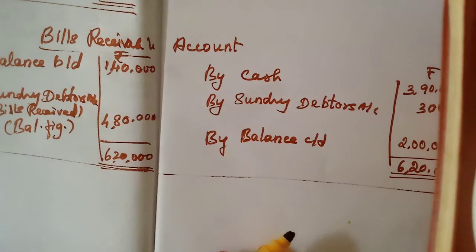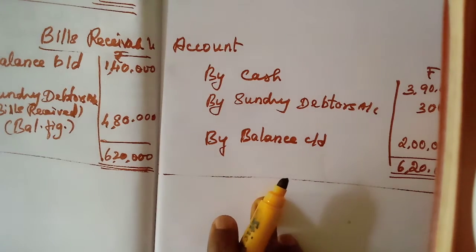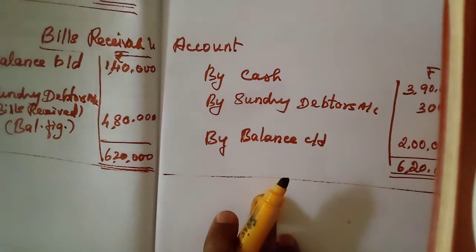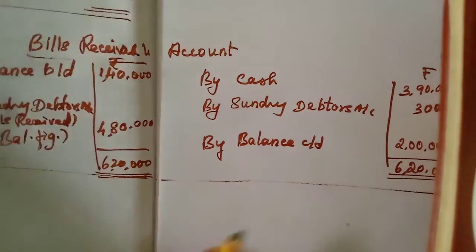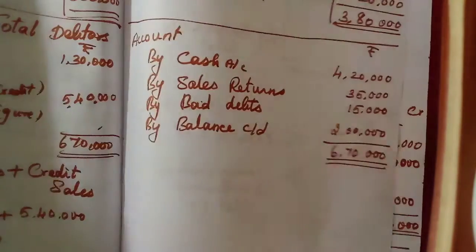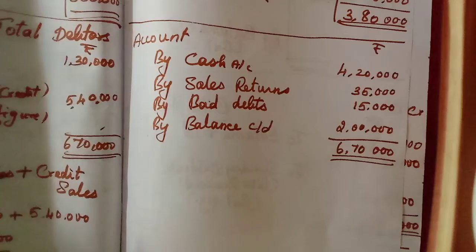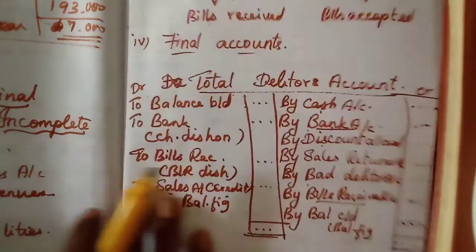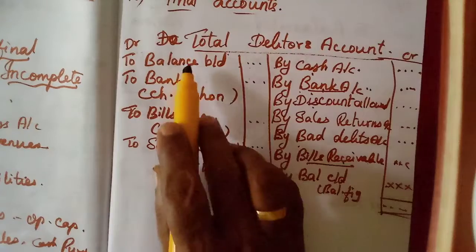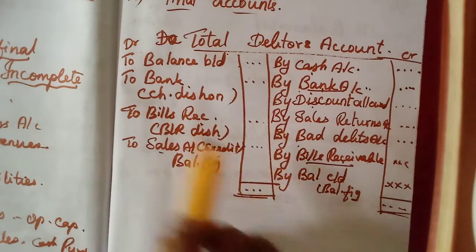Now, I told you that sometimes they will ask us to prepare both the accounts, bills receivable account and sundry debtors account. In that way, we will see one illustration. You know very well that format. The sundry debtors account format I will show to you, just for revision. First balance brought down, last balance carried down.